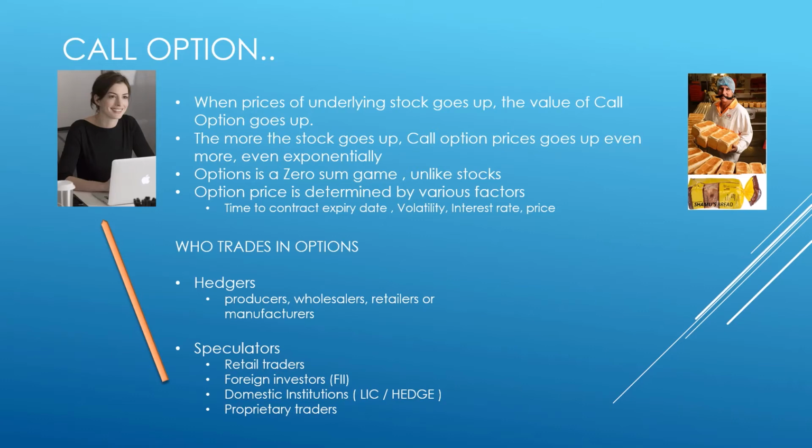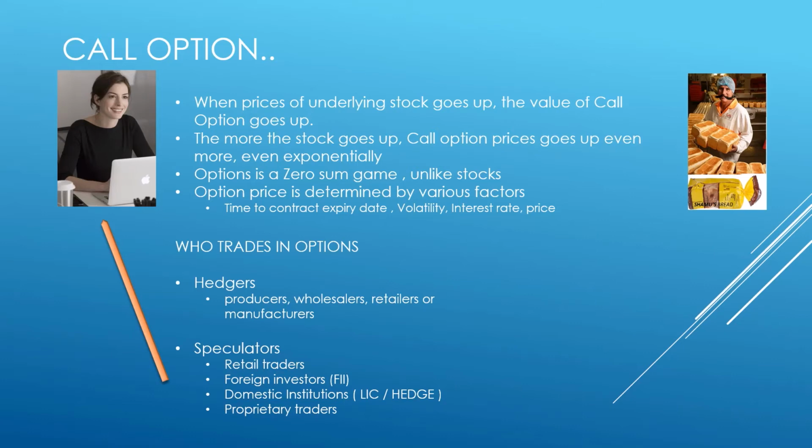Now, what is the importance here? Here, let's say Leela was not there. For every option contract, there has to be a seller also. For anybody to buy an option contract, somebody has to sell it. Now, who can possibly sell this? Ramu is not in the picture here.